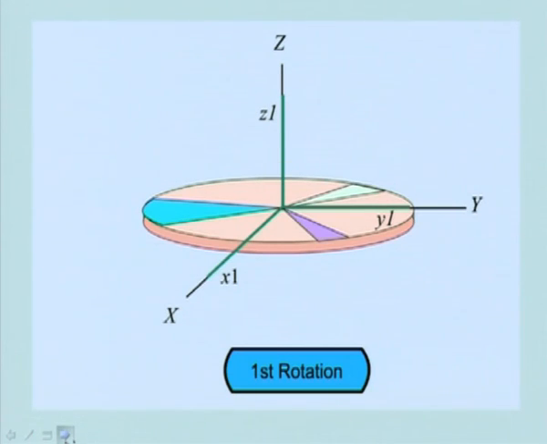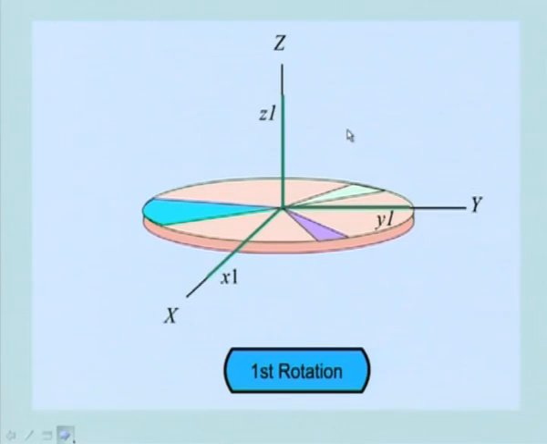Euler angles are defined as 3 successive angles of rotation. Many conventions are followed, but the sequence implied here starts by rotating the initial system of axes x, y, z by an angle alpha.